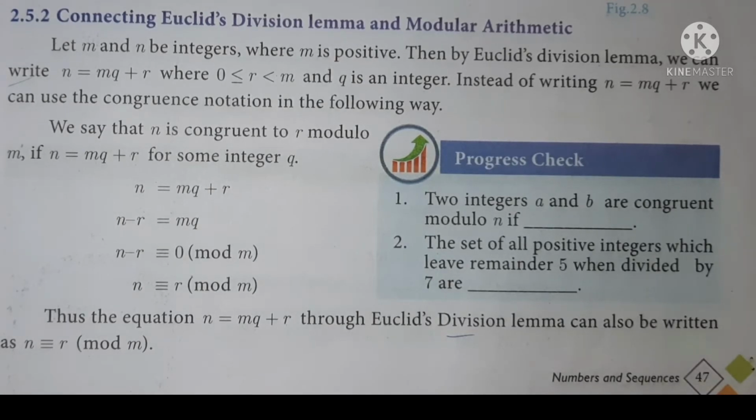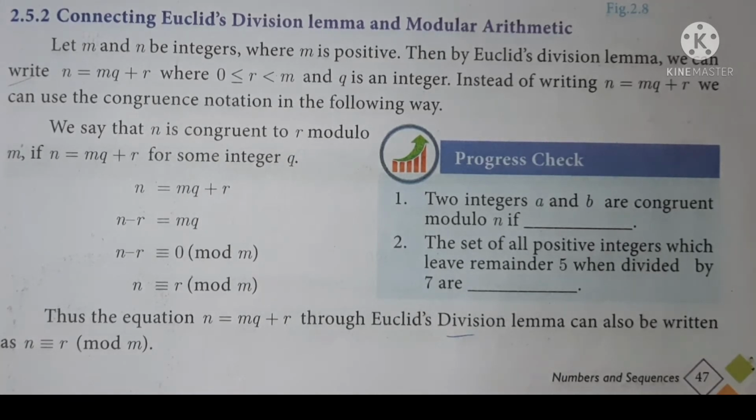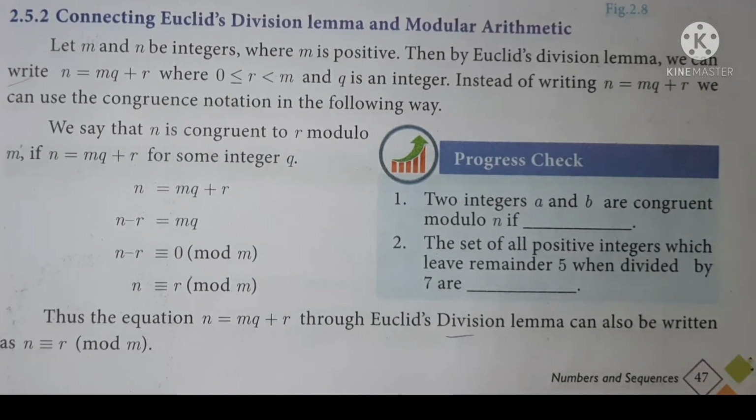Instead of writing n is equal to mq plus r, we can use the congruence notation in the following way. We say that n is congruent to r modulo m if n is equal to mq plus r. This is Euclid's division lemma.